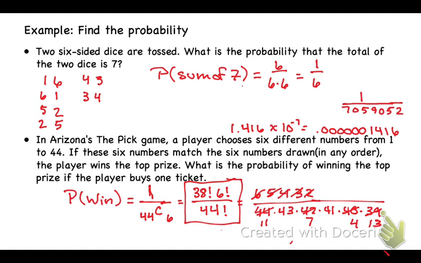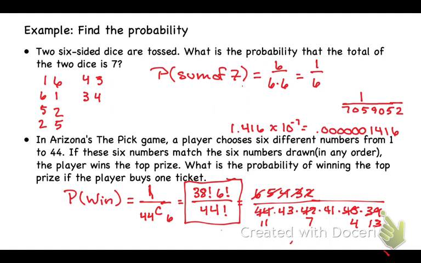Yeah. And all we did was, because the numerator reduced all to 1, we just multiplied those out. So we know the probability of winning the lottery is very slim, don't we? And that's just an Arizona game. So what do you think the probability of me winning a national game is? Yeah. Okay.